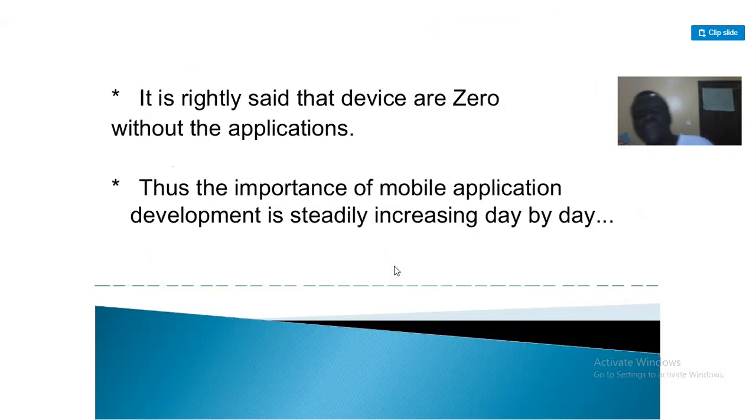It's rightly said that devices are zero without applications. True. The importance of mobile applications is steadily increasing day by day. If you have your mobile, you have this device with you, but without the call functionality, without the message functionality... because for me, I believe the important aspect of any mobile device is that you can call, you can send and receive texts, you can send and receive money.